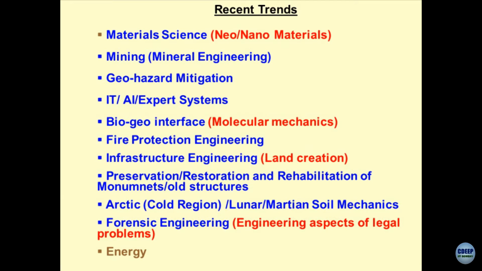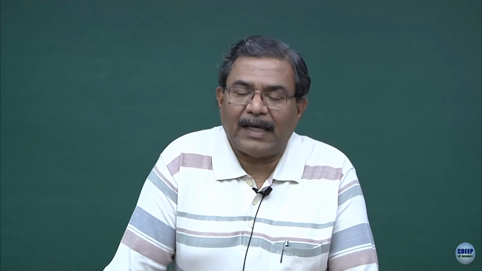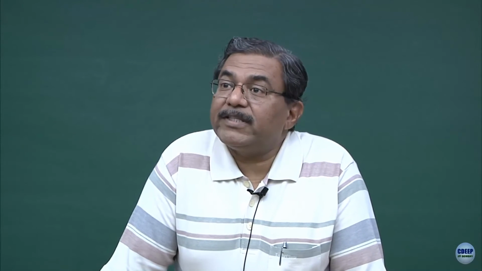Check it out on the net. SoilVision is the name of the company, and their products are expert systems products. This was established by Professor D.G. Fredlund and his son Murray Fredlund in Canada.